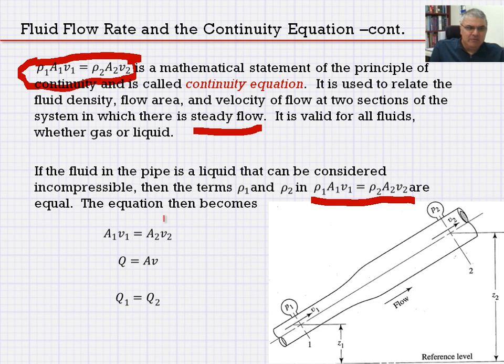So we're going to cross these two out. Rho 1 and rho 2 is equal. But A1 is not, and V1 is not, and A2 is not, and V2 is not. So A1 V1 would be Q1, and A sub 2 V sub 2 would be Q2.